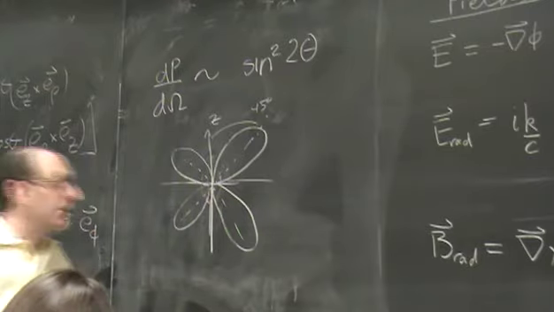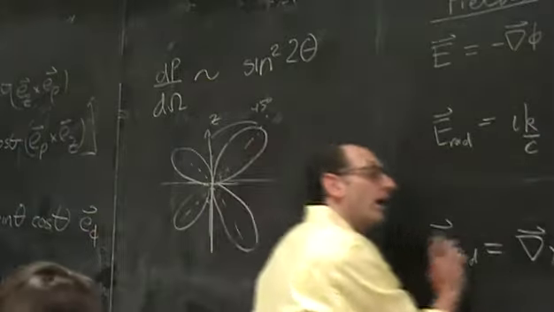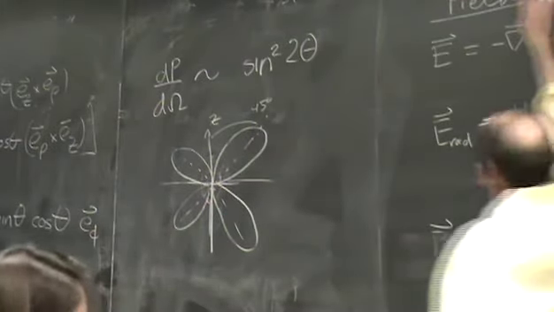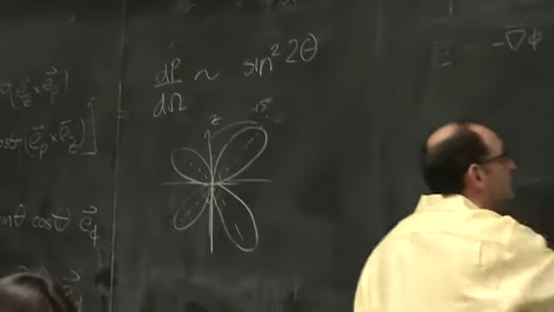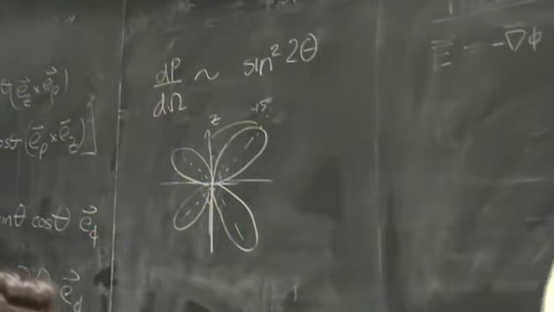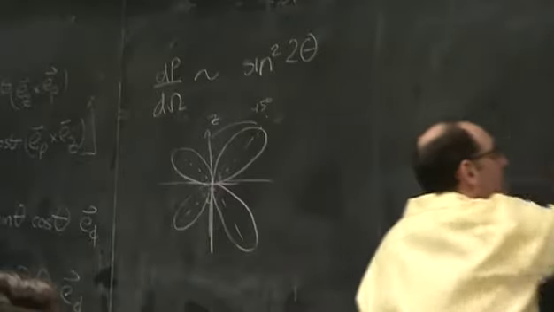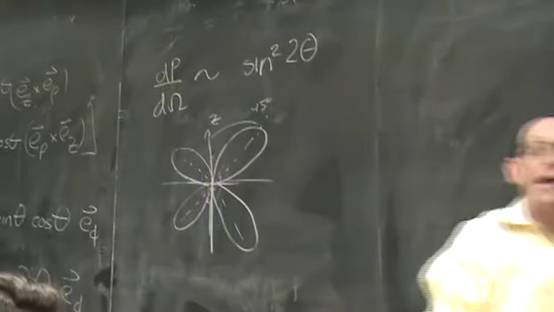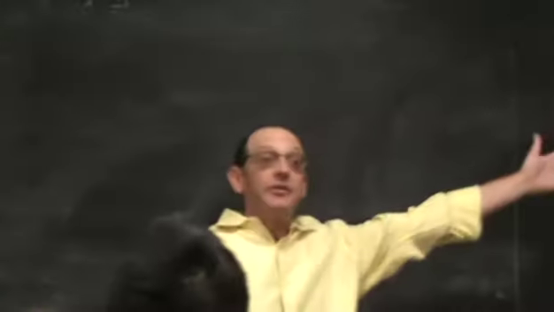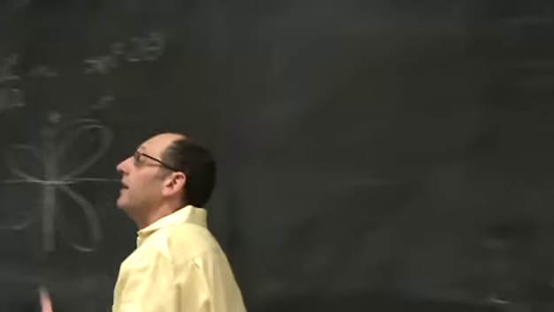Okay, to conclude though, I want to say one last thing. What I argued is that the power radiated by electric quadrupole is of the same order as the power radiated by magnetic dipole. They, after all, came from the same order in the power series expansion that we had. Can we see that in these characteristics?